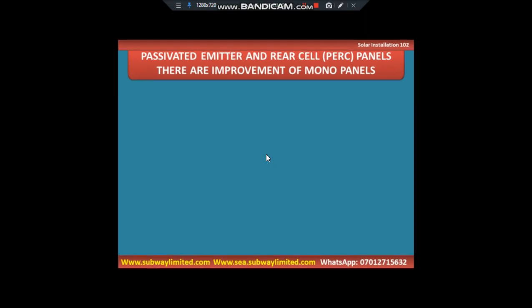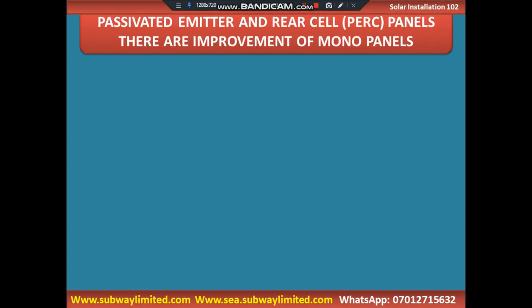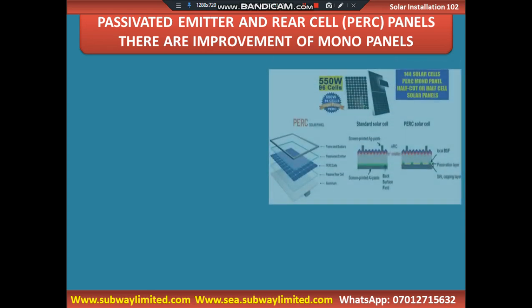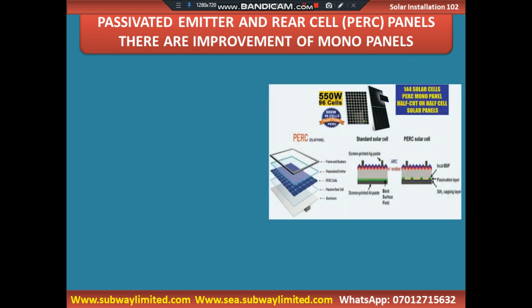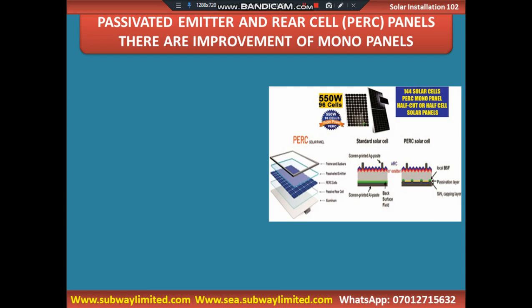Welcome to this module. In this module, we are going to consider the PERC panels, the passivated emitter and rear solar panels. They are basically the half-cut or half-cell solar panels.